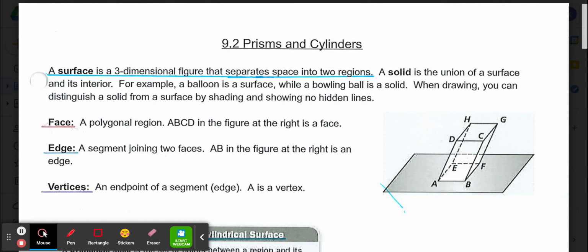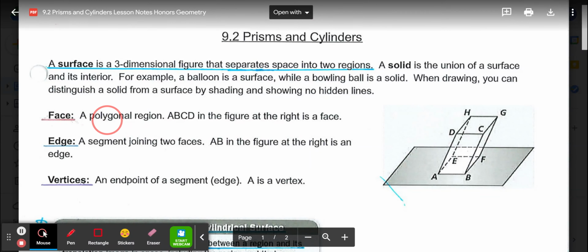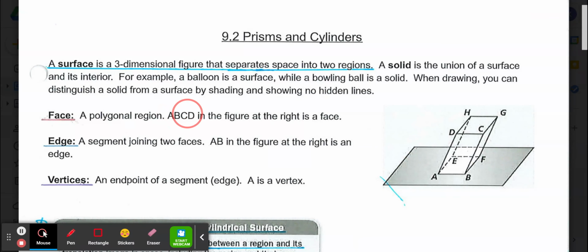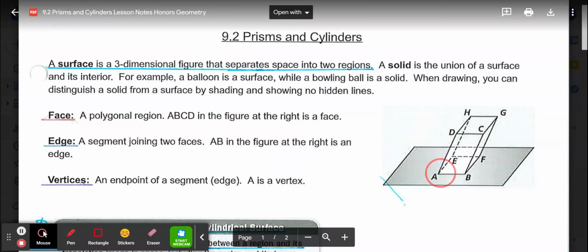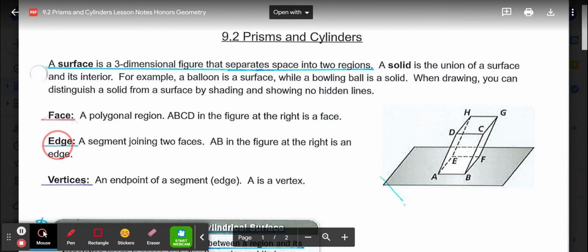Then we have a few other pieces to make sense of. We have a face. A face is a polygonal region, and in this example to the right, ABCD would be a face of that solid. The edge would be the segment joining two faces.